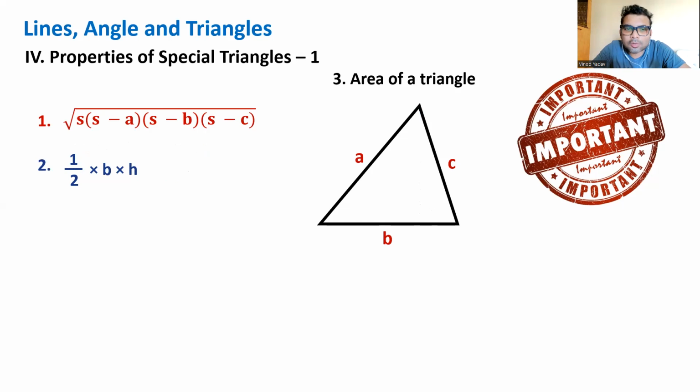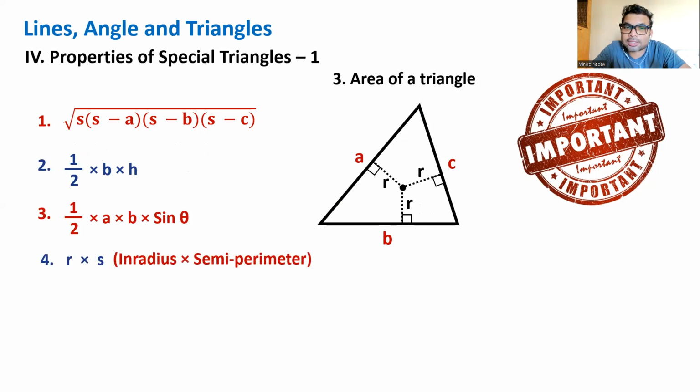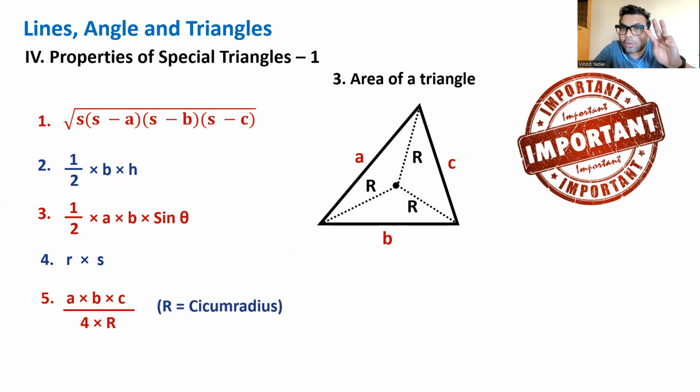Third one, if you know the angle between the two sides, then half into the product of those two sides into the sine of the angle between them. So half AB sine theta. Okay. The fourth one we have seen already in terms of inradius. So area is inradius into semi-perimeter. Fifth one, product of all three sides divided by 4 times circumradius.